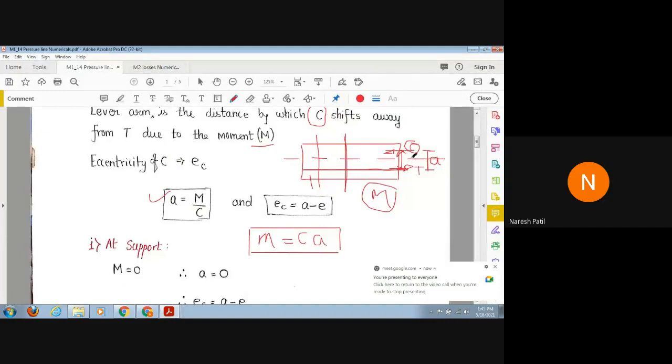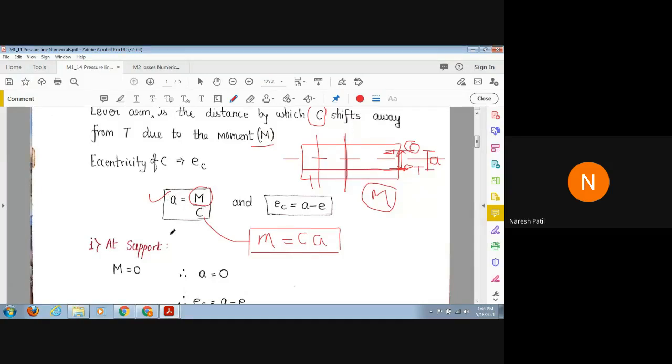M is equal to C into A. The C is the compression force which shifts away from T to form a compatibility equation, or to resist the moment. So we can write M is equal to C into A, force into lever arm. From this we can easily find out what is A, and for that the moment is very important. Moment at a particular location: it may be at mid span, at support, or at quarter span. Now we have to find out what is A.